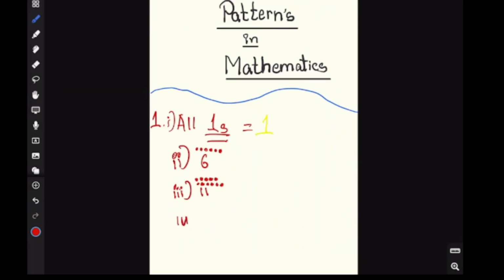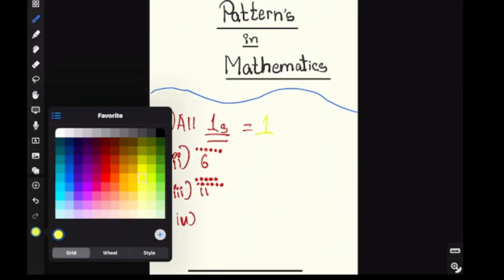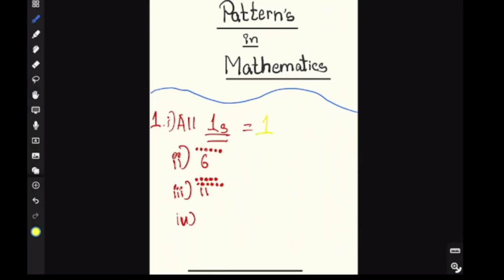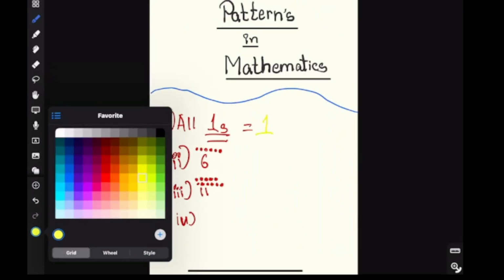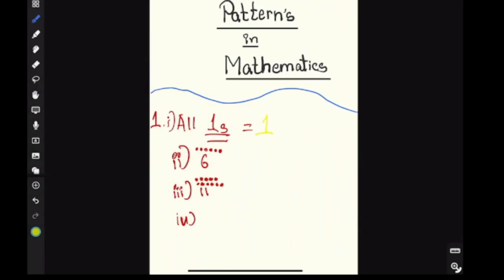Fourth one. Okay, the fourth one answer, I'm going to write it down. The fourth one is about even numbers. It's given till 10. So 2 4 6 8 10. What is the next even number? 12.